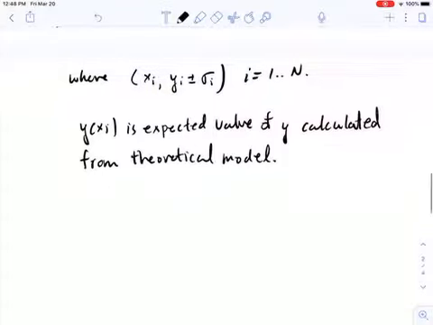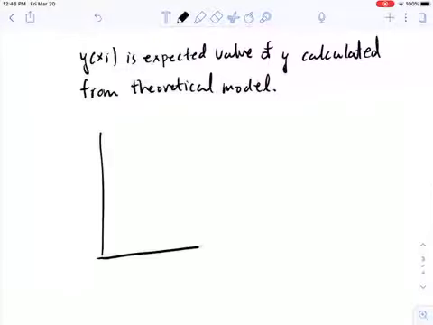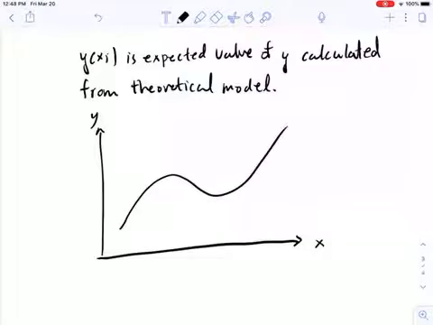So, for example, what we might have is some theory where we have some dependence of y on x, and maybe our theory predicts this kind of behavior. And then we make some experimental measurements, and we want to get some kind of measure of whether the model captures the features in the experimental results.